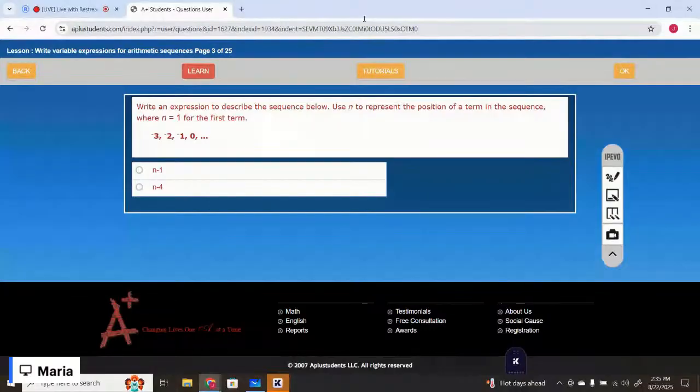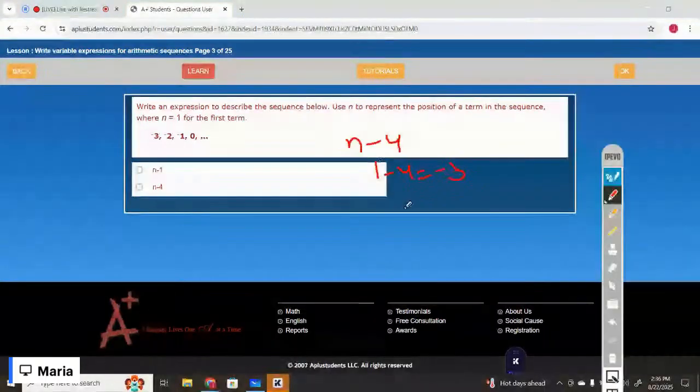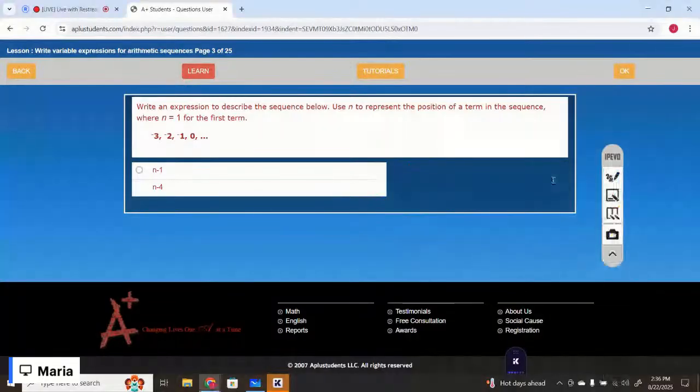It would be n minus 4. 1 minus 4 is negative 3, 2 minus 4 is negative 2, 3 minus 4 is negative 1, and 4 minus 4 is 0. Option number 2 is the correct option. That is n minus 4.